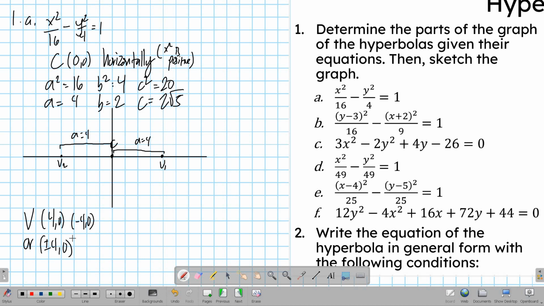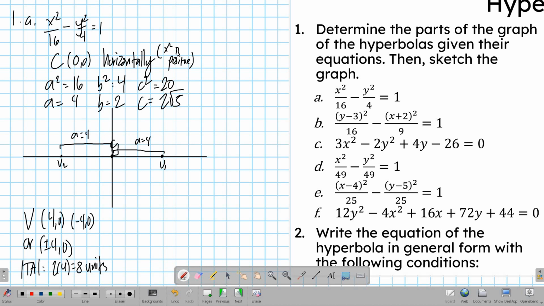With that, we can also now get the measure of the transverse axis, which is from this point up to this point. So the length of the transverse axis would be 2 times 4, which is equal to 8 units. Now, for the co-vertices, that would be perpendicular to the direction of where you got our vertices. In this case, that will be going up and down.